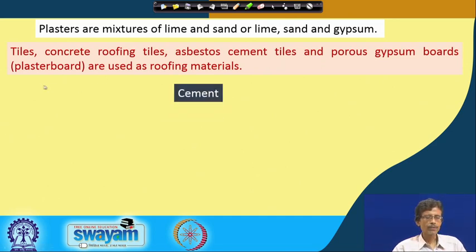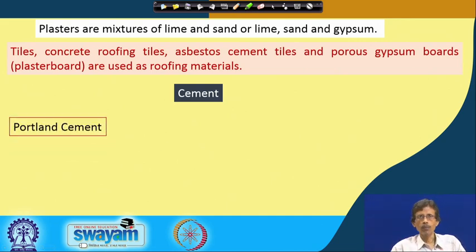So, we get this. So, how do we get the very important material, which is cement? How do we make cement? The best known material is Portland cement, because we know that several other types of cements are known. When it is mixed with asbestos, it will be asbestos cement.